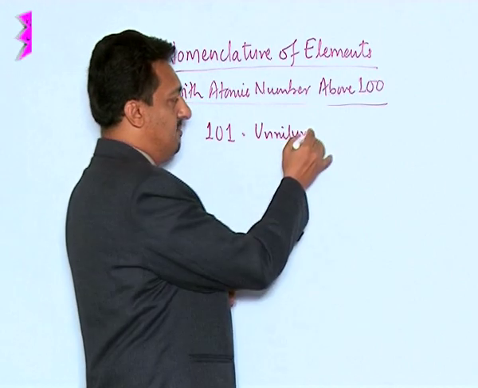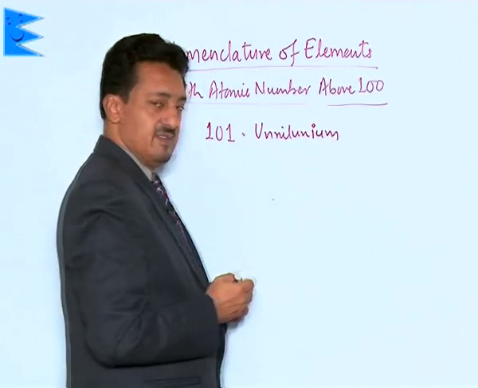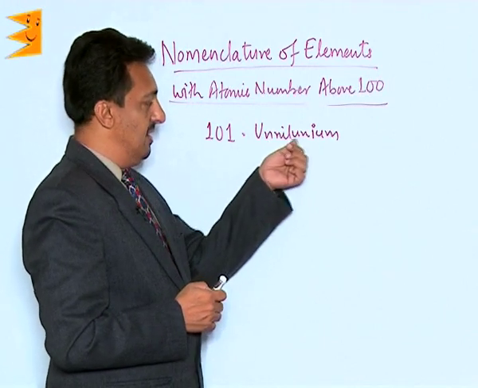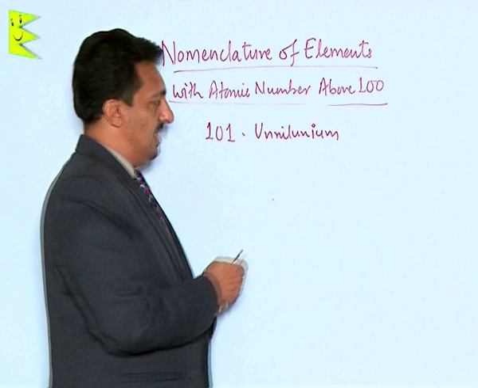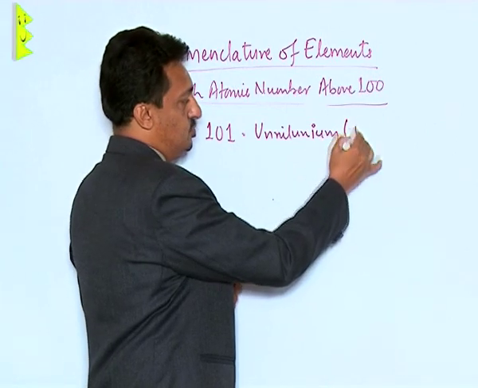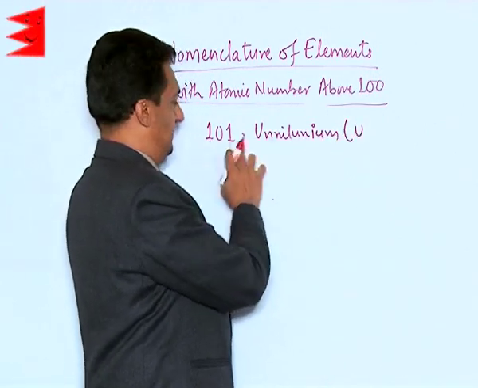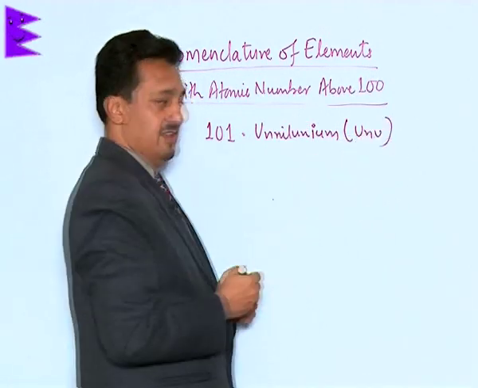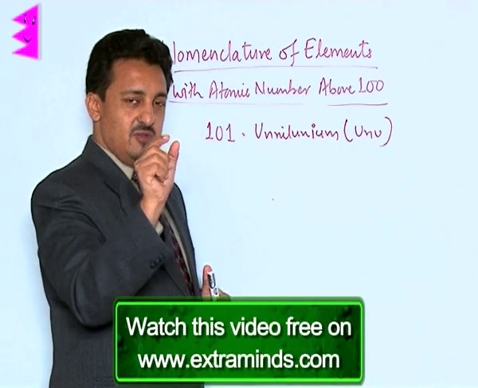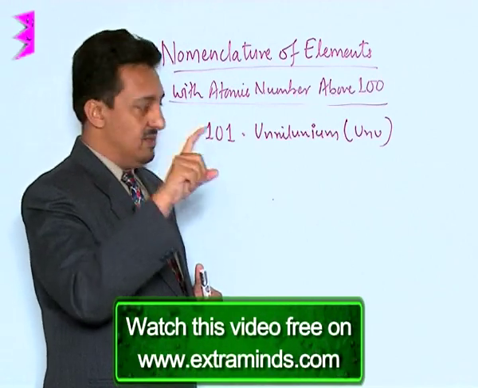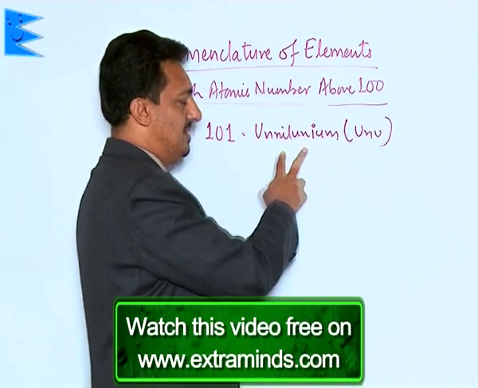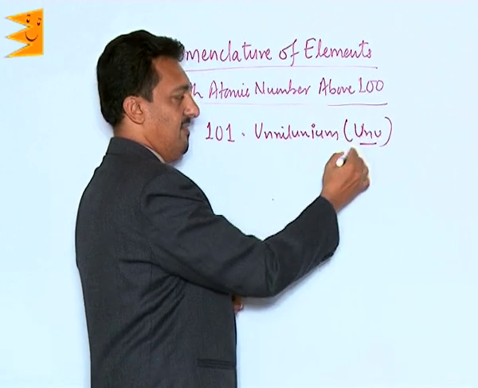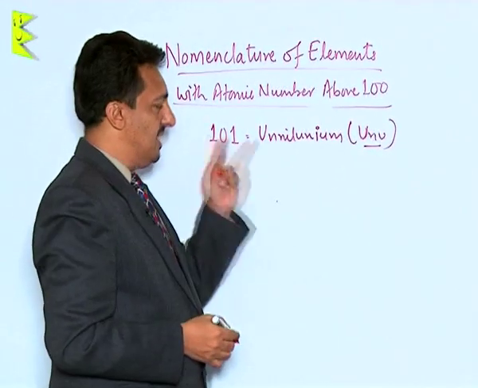Then ium is added as a suffix, so the element becomes unnilunium. Its symbol will be U for the first digit, N for the second digit, and again U for the third digit. We use the same abbreviations of those digits in giving the symbol to the element. In the symbol, the first letter is always capital and the rest are small. This is how we started naming them.